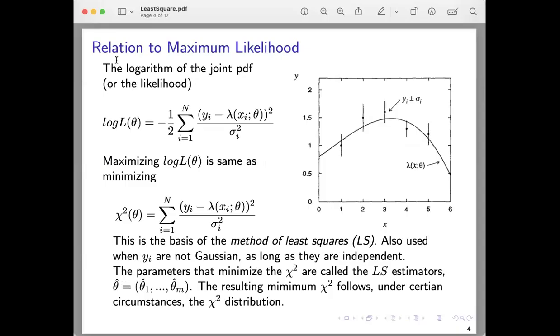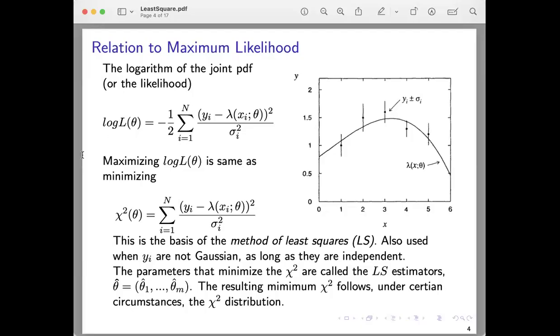Then we can write the log likelihood function, which is basically the sum of these terms. Given that the PDFs are Gaussian, this becomes simply the sum of quadratic terms. You can see that this is negative, so maximizing L is equivalent to minimizing simply this sum of quadratic terms.